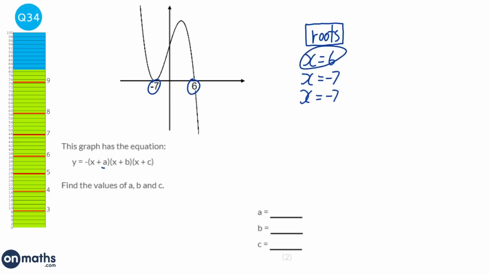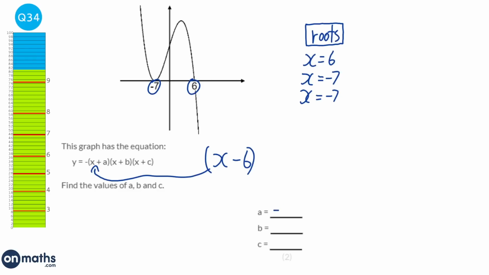When we look at this, the fact that a root is at 6. Well, if we put a at minus 6, we get x minus 6 in that bracket there. And if we put in the value of 6, then it's 6 minus 6, which is 0, and so the whole thing is 0, because anything times 0 is 0.